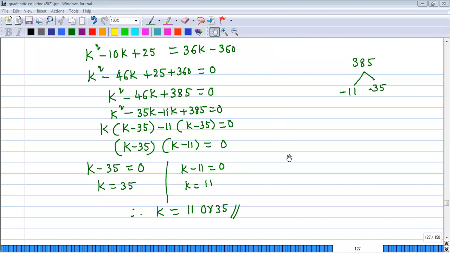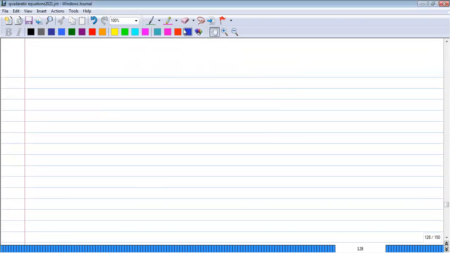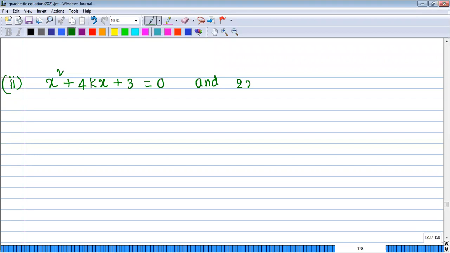Okay, sir. Right. Let us move to the second question now. X square plus 4kx plus 3 is equal to 0 and 2x square plus 3kx minus 9 is equal to 0 have a common root.